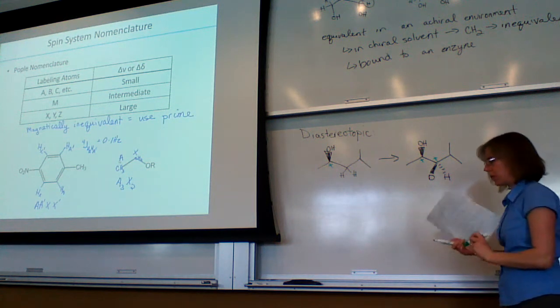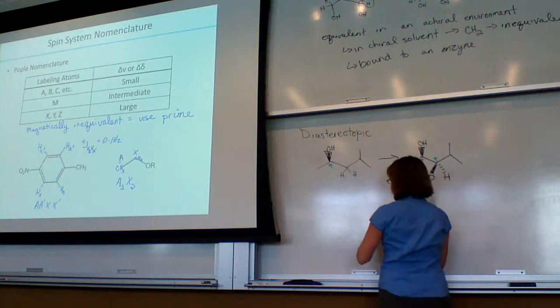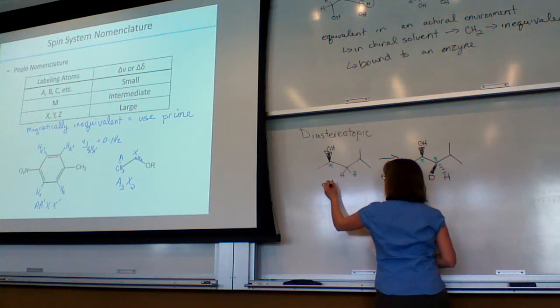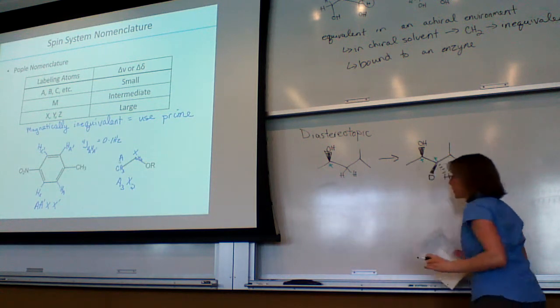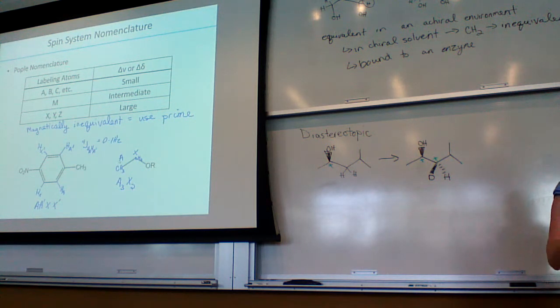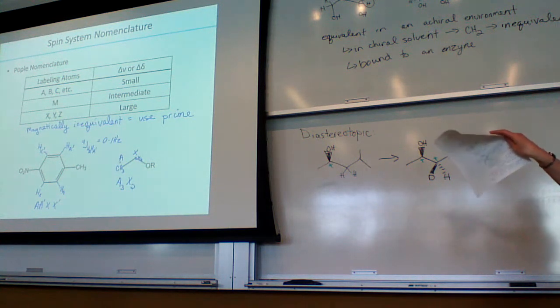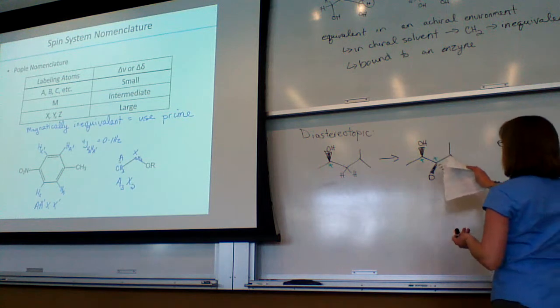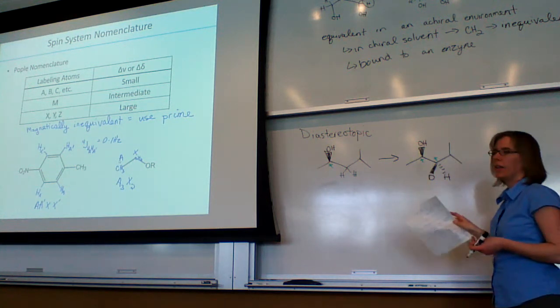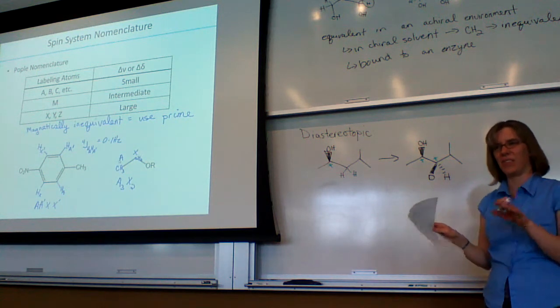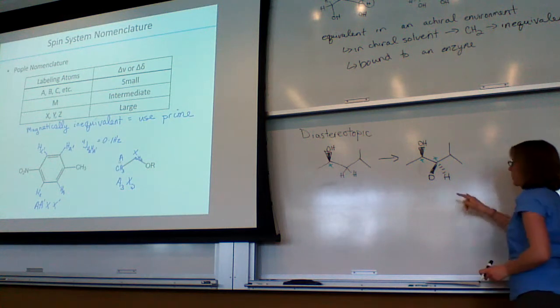And if you remember, if we have one stereocenter, you can create an enantiomer of that compound by flipping the chiral center. If we have two, then we have the possibility of creating diastereomers.